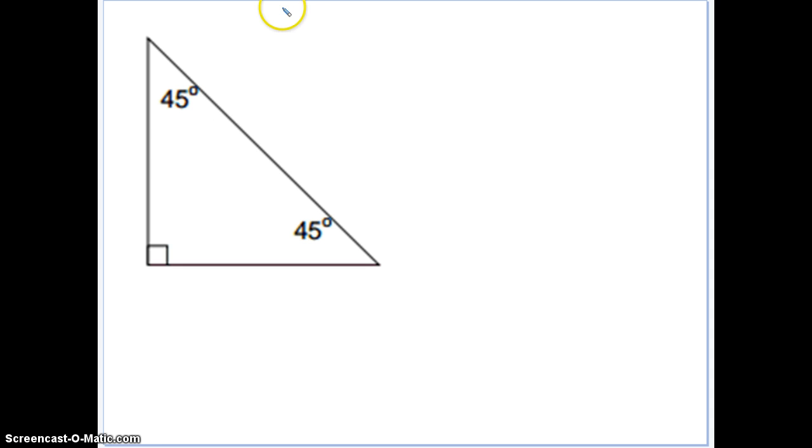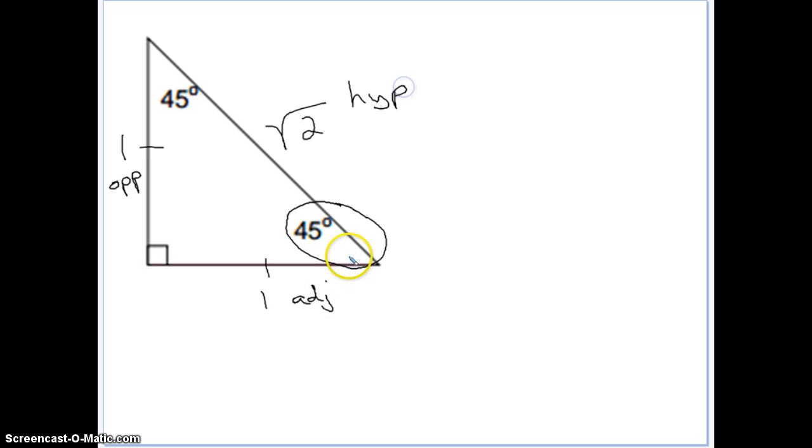On a 45-45-90 triangle, it's isosceles. So let's say these sides are 1, 1, and the square root of 2. Let's deal with this angle down here. The opposite leg would be this leg. The adjacent leg would be this bottom leg. And the hypotenuse would be this side.